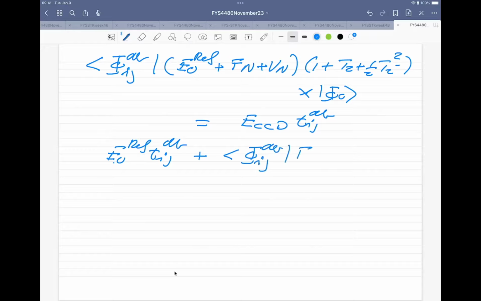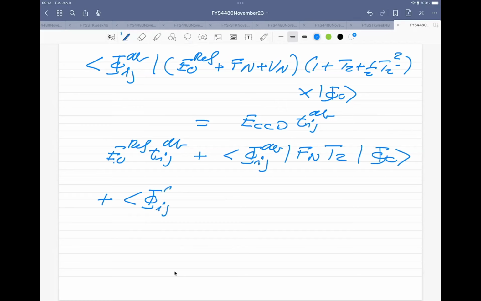So I'm going to have an Fn, and then an Fn with a T2. We showed last time why we don't have a half T2 squared. So in a way, I'm just repeating some things, and this term can be different from 0, and I just wanted to remind you why.